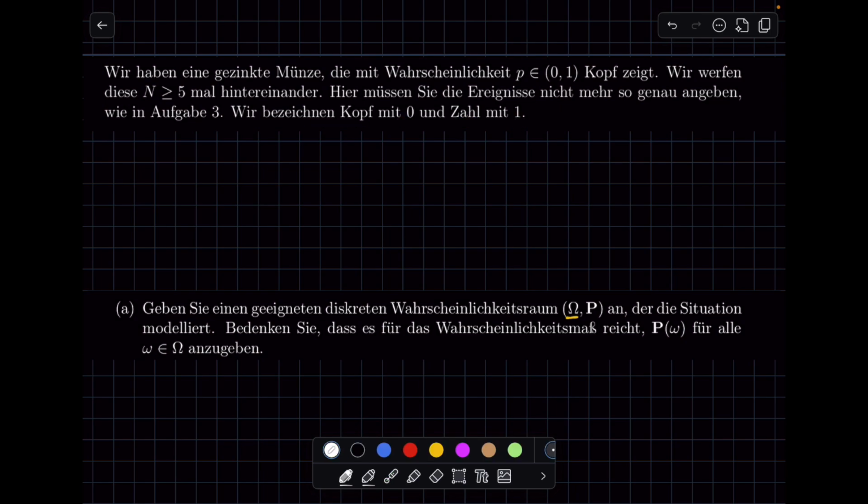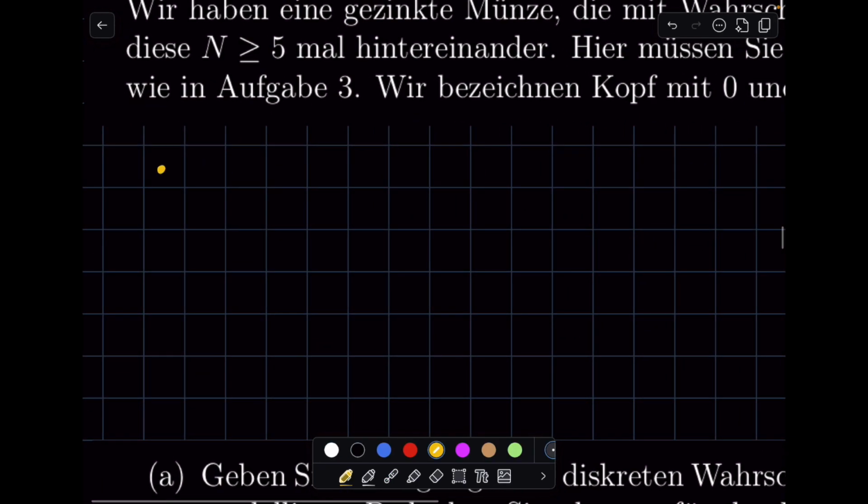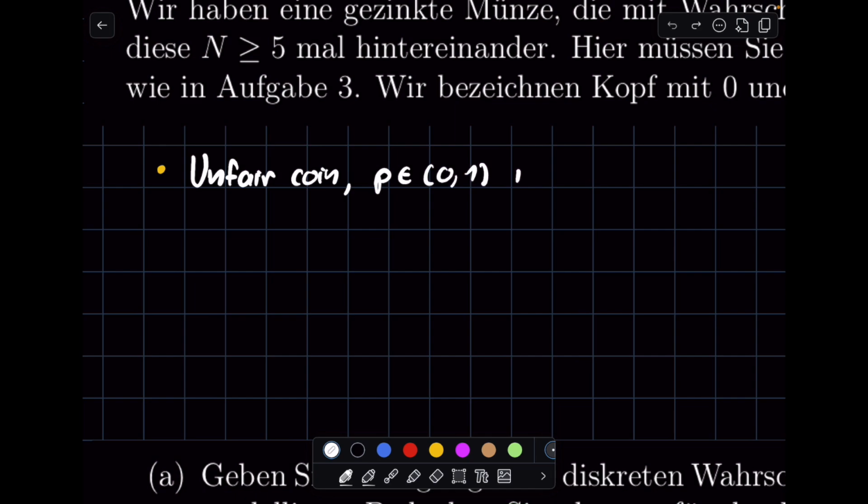So let's just write this information. An unfair coin where p, from 0 to 1, is for heads. So the probability of us getting heads is going to be unfair, which means not 1/2, and it can be from 0 to 1.